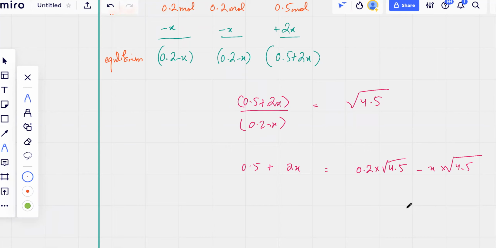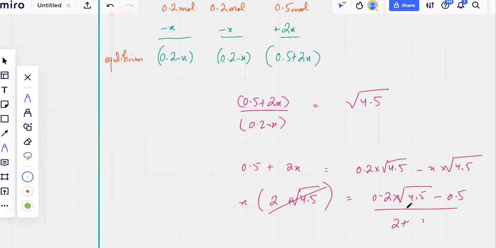And if I make x the subject of the equation, it's going to be 2 plus root 4.5, and this side would be 0.2 times root 4.5 minus 0.5, and this whole thing gets divided by root 4.5.